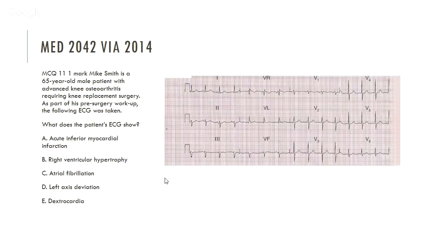The next question. Mike is a 65-year-old male with OA, requiring a knee replacement surgery. As part of the pre-op workup, his ECG is taken. What does his ECG show?